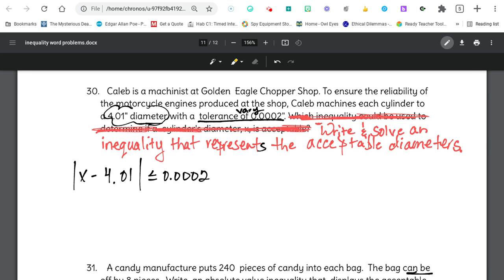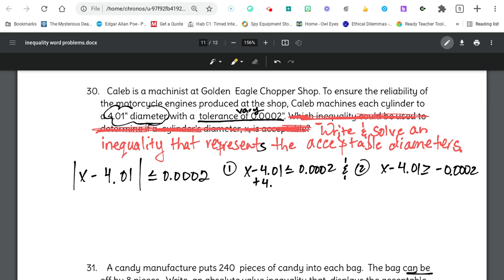All right, so we just start our two inequalities, x minus 4 1/100 less than or equal to 2/10,000ths, and x minus 4 1/100 greater than or equal to negative 2/10,000ths. And you just solve by adding 4 1/100 to both sides.